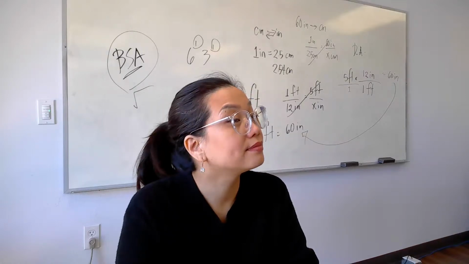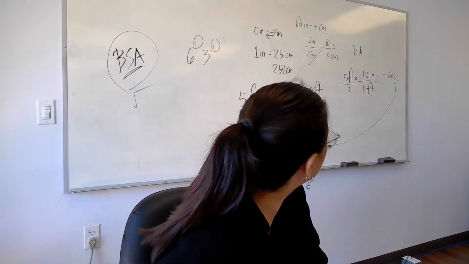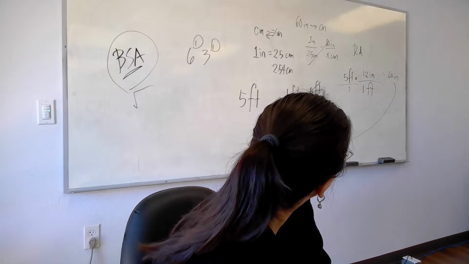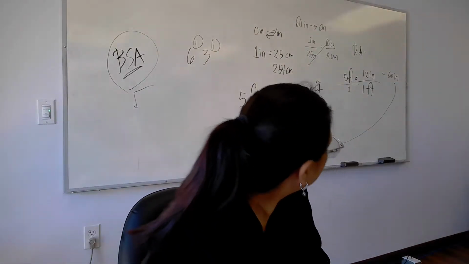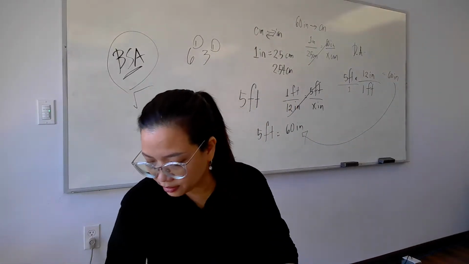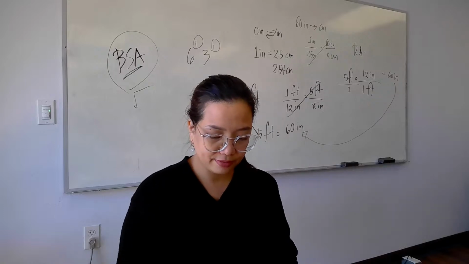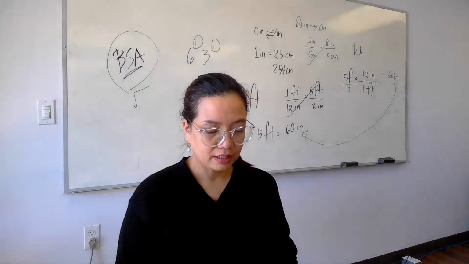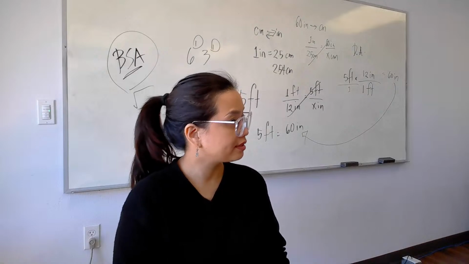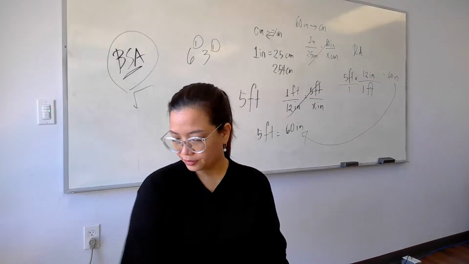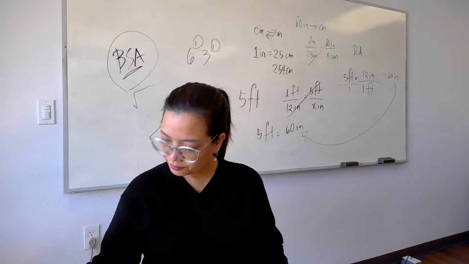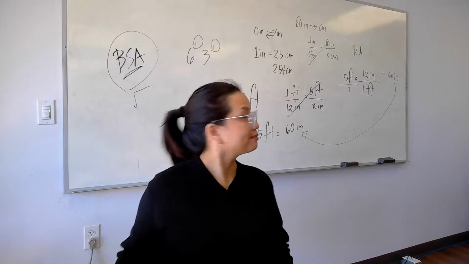The one you did is the 150 centimeters. 60 times 2.5. 150 centimeters, correct. I just want to make sure I'm doing the rest.